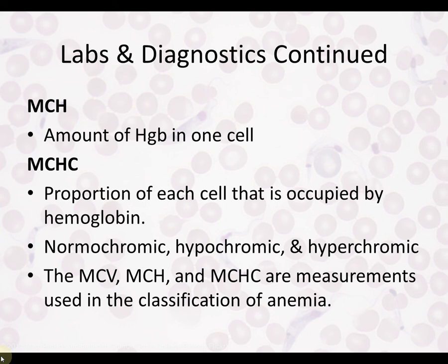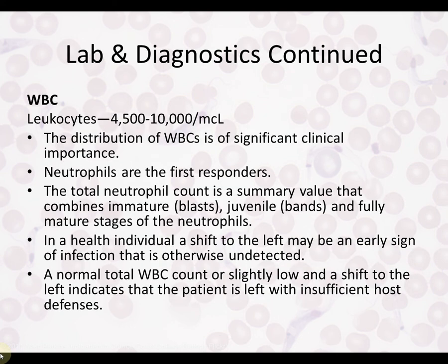Now let's talk about the leukocytes, or the white blood cells. Leukocyte evaluation can be summarized by the white blood cell count value, which has a normal of 4,500 to 10,000 cells per microliter. The neutrophils, like I said earlier, are the first responder cells, and they are responsible for the initial destruction of foreign antigens and initiation of the immune response cascade.